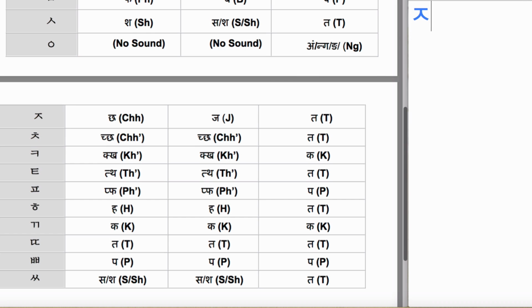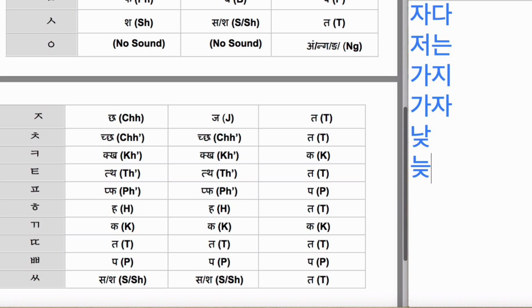So it will be pronounced as cha when in the beginning of a word, like in chada or chonin. Or when it comes in the middle it is ja, like khaji or khaja. And when it appears in the Pachim it is ta, like nat or nitta.